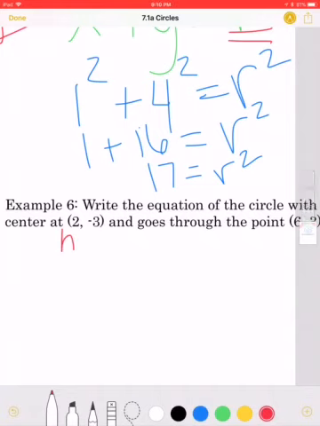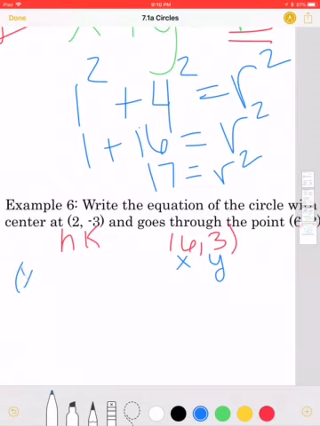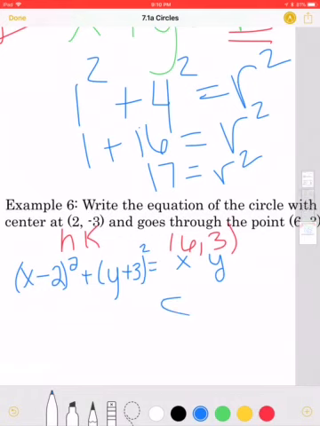So our center, this is our h, k, and this 6, 3 point, I'm going to rewrite that over here, that it goes through. That's just an x, y point that's on my circle somewhere. So here I have to use my general form again, where my h is 2, so x minus h will be x minus 2 squared plus y minus k will be y minus negative 3, which is really y plus 3 squared equals r squared.